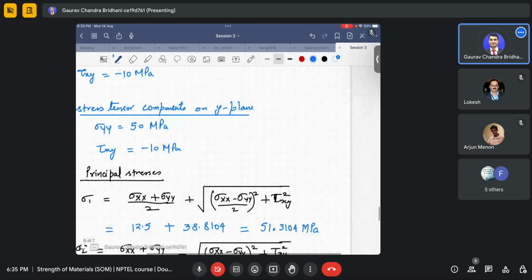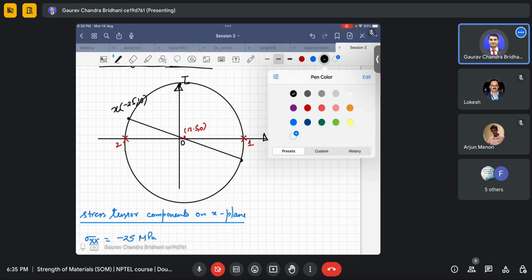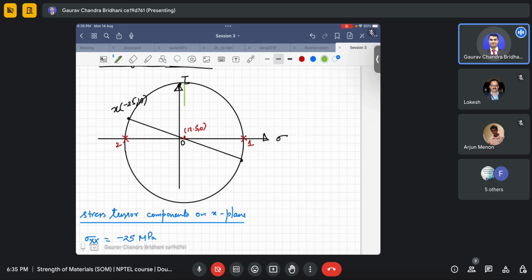Okay, and essentially that will be the radius of the Mohr circle. So if you plot in some software, look at the vertical line passing through the center of the circle. I'll represent it in some other color, green. Draw a vertical line passing through the center of the circle and find the ordinate of this point.